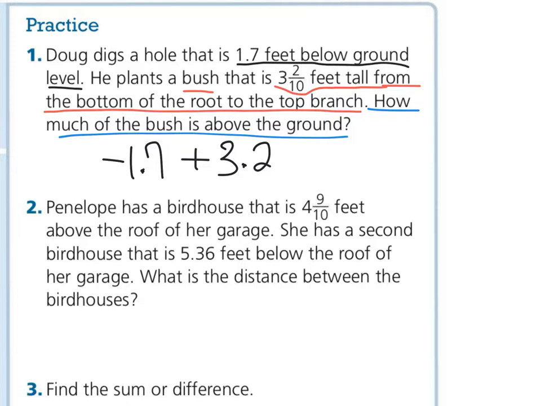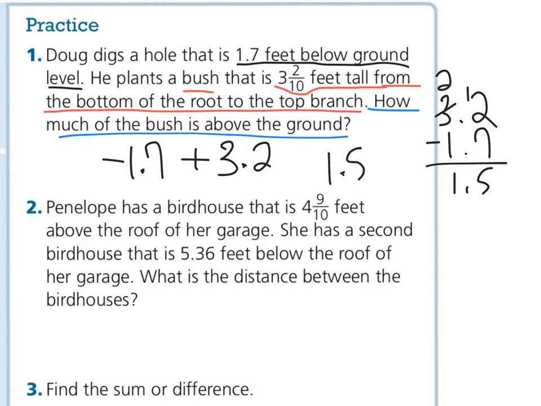At that point we're adding, so we don't need to make any sign changes here. These are different signs, so we can subtract. Is 1 5/10, which is positive, which is probably a good thing that our bush is above the ground, 1.5 feet. It's not all below the ground. Wouldn't make a whole lot of sense.